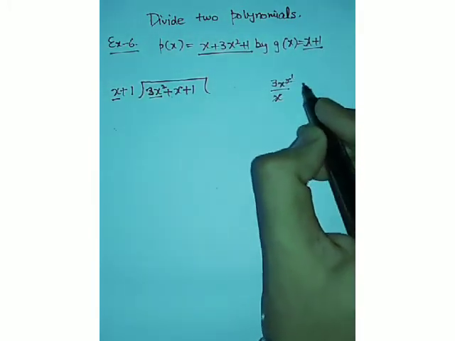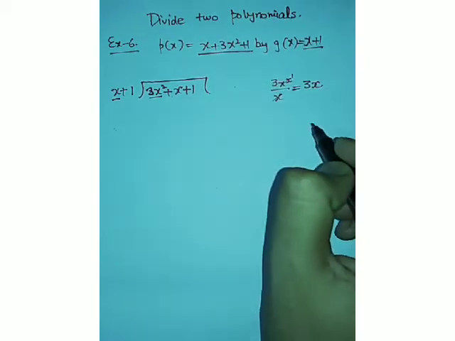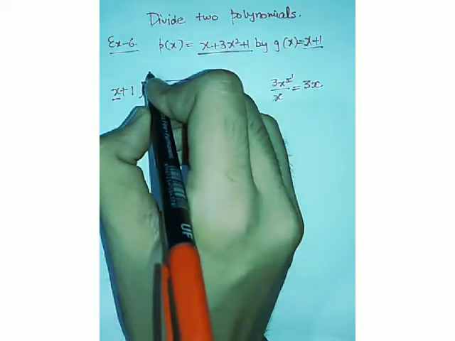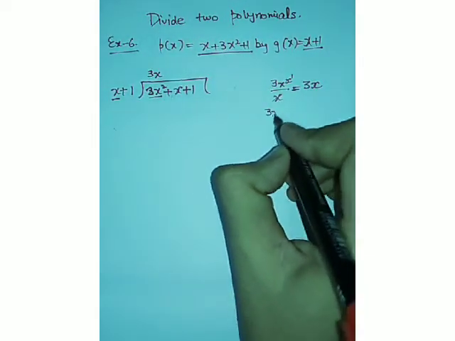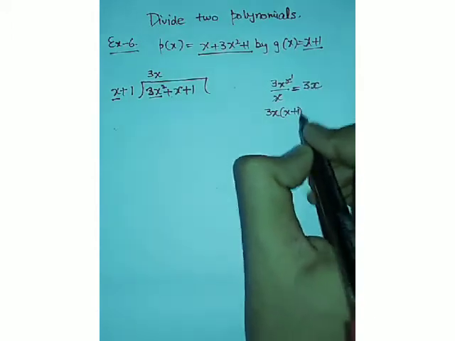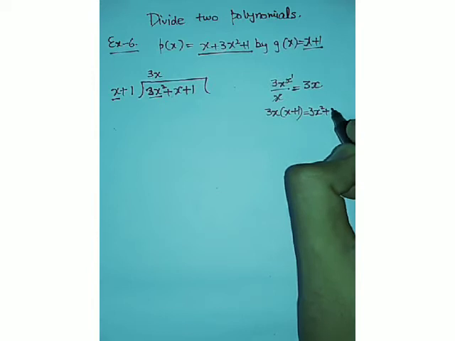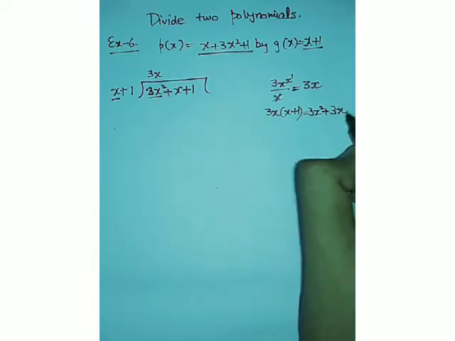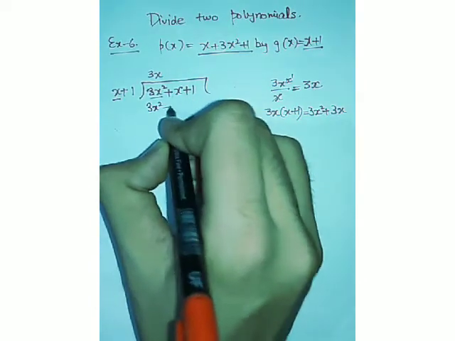You will get 3x. Now write 3x here as the first term of the quotient and multiply 3x by the whole divisor. What will you get? 3x squared plus 3x. So write here 3x squared plus 3x.